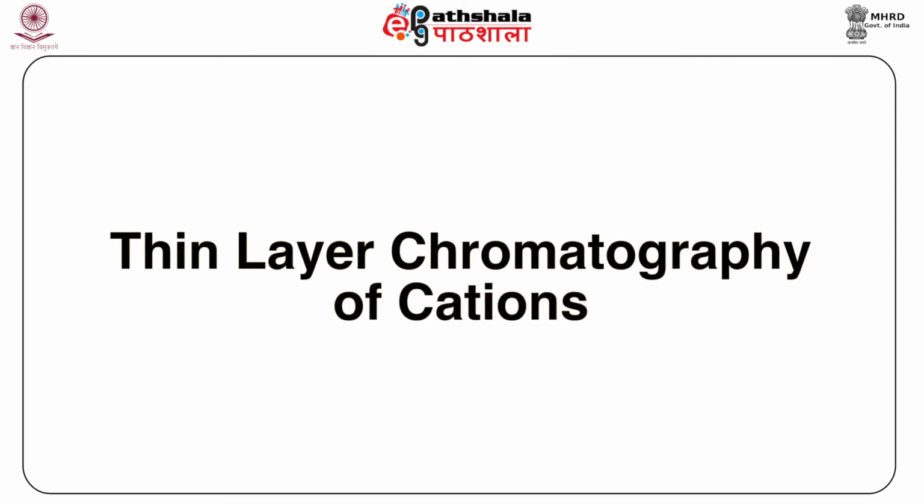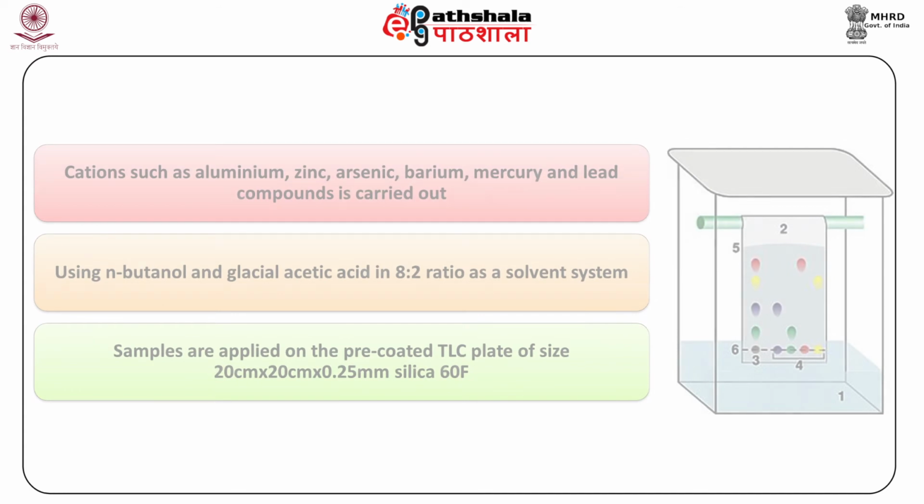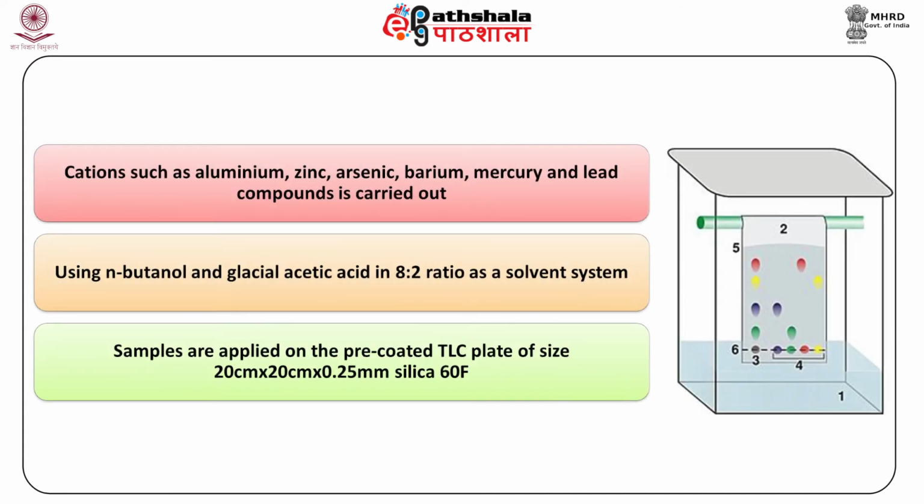Next is thin layer chromatography of cations. Thin layer chromatography of cations such as aluminium, zinc, arsenic, barium, mercury, and lead compounds is carried out by using N-butanol and glacial acetic acid in 8:2 ratio as a solvent system.